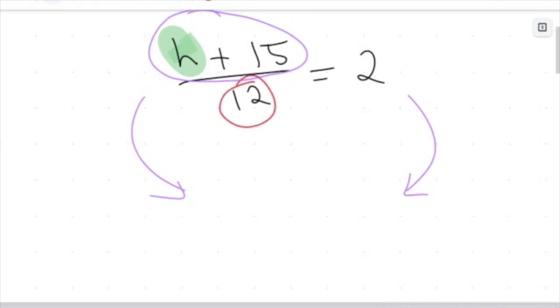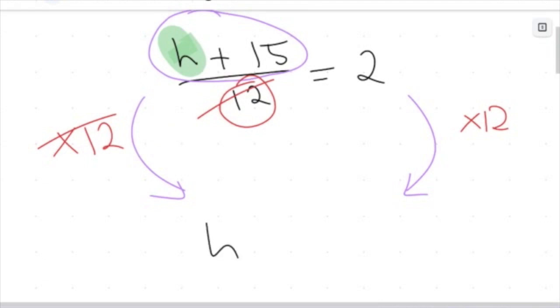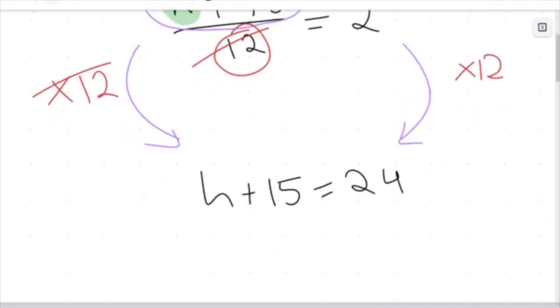So how do I undo dividing by 12? Well, I can just do the opposite operation, which is timesing by 12. That's going to kill my denominator here. And if I do this to both sides, I will get what h plus 15 is. And that is going to be 12 times 2, which gives me 24.